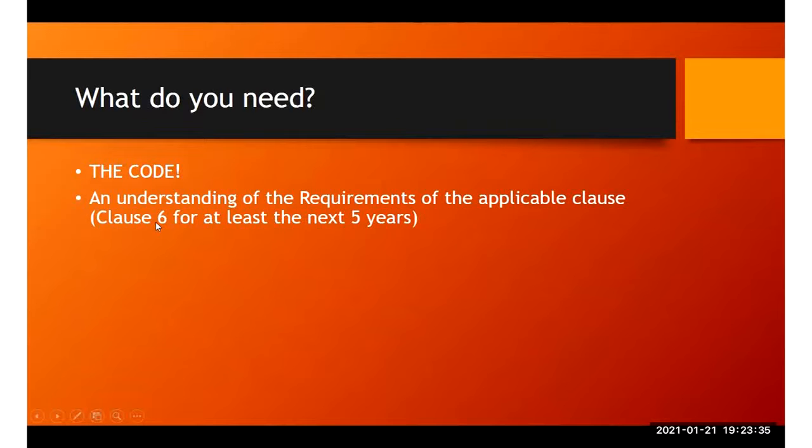You know, in D1.1 right now, it's clause 6. Last version, it was clause 4. You can just throw this out there to them, Daryl. I don't know why they can't keep all the chapters the same in the code book, but that's a whole other story. Anyway, for at least the next 5 years, clause 6 is the clause about welder performance qualification testing.